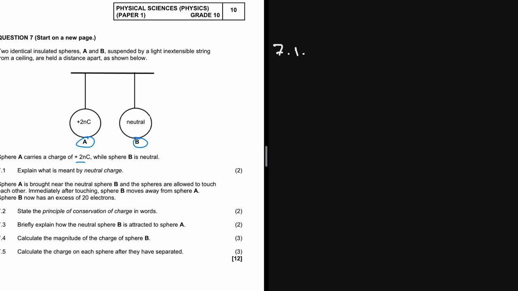If we talk about a neutral charge, we simply talk about a charge in which the number of protons and electrons are the same. So we can just say the number of electrons and protons are the same.